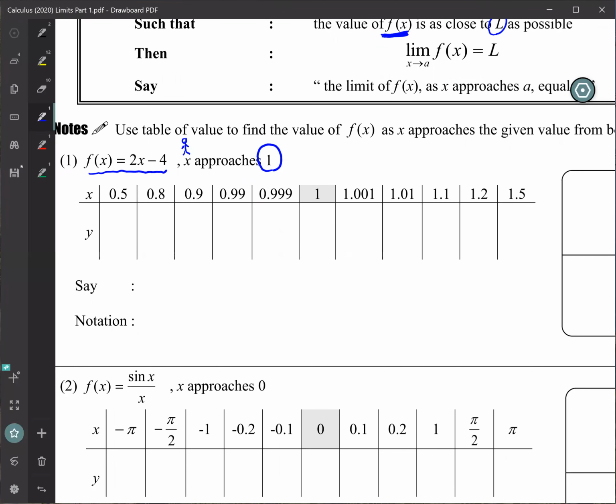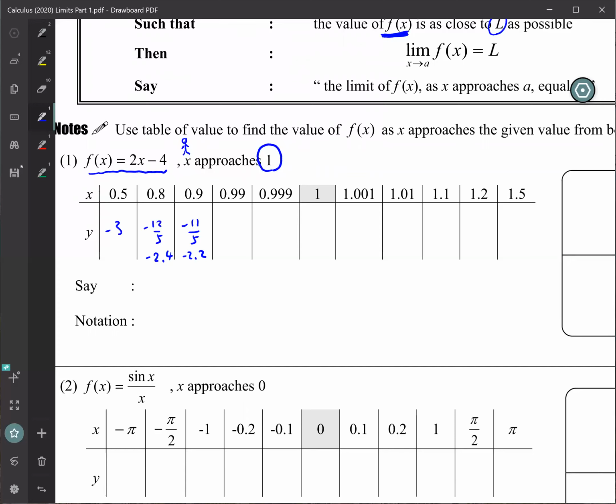Okay, Jeffrey, can you give me the first 3 values, 0.5, 0.8, 0.9? I got -3 for 0.5, -12/5, -11/5. Okay, can you give me it in decimal, please? -2.4, and -2.2 for 11/5. Okay, thank you. It's easier to see how the values change with the decimal.